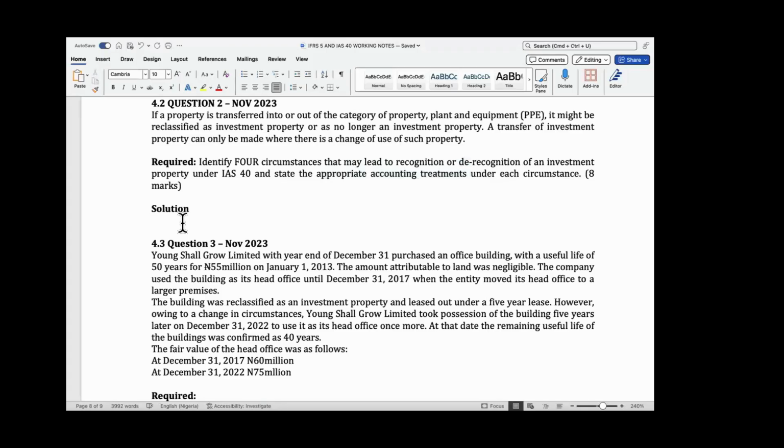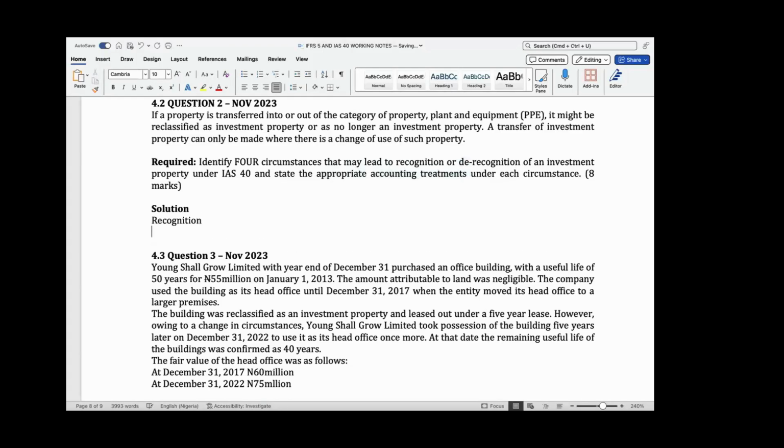So let me do recognition. The following circumstances can result in recognition of an investment property.